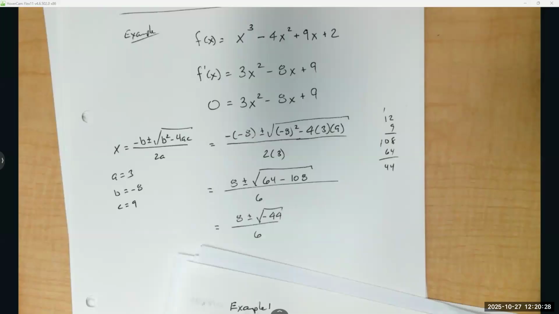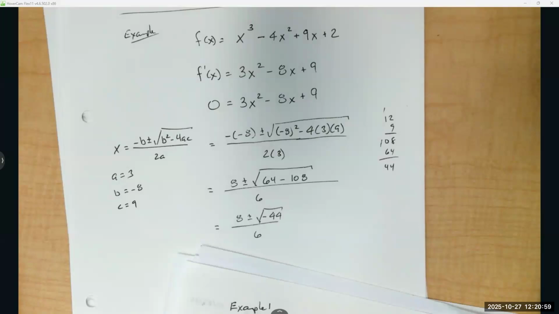So needless to say, my example was a bad example. If I would have gotten rid of a couple of these terms, it still wouldn't work. If we did this function instead.